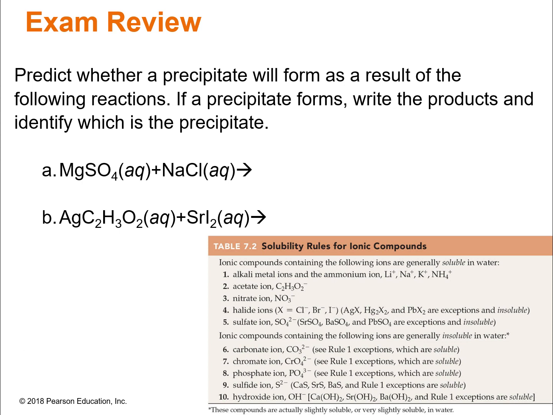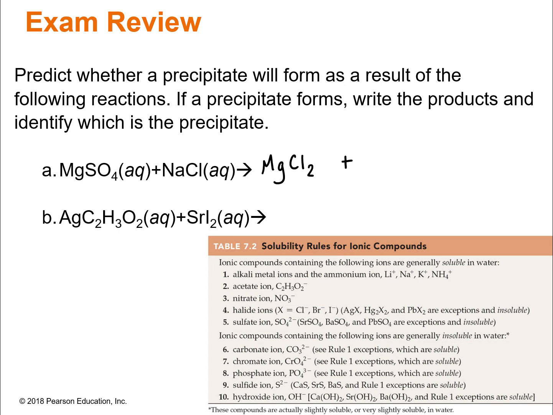We've got to switch the positive ions. So the magnesium, instead of being partnered with the sulfate, is going to be partnered with the chloride. And notice that I'm not writing anything in yet for the state of matter because I need to figure that out using my solubility rules.